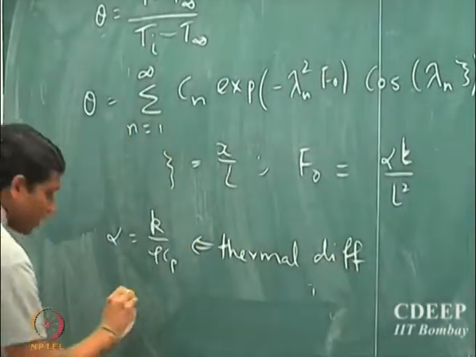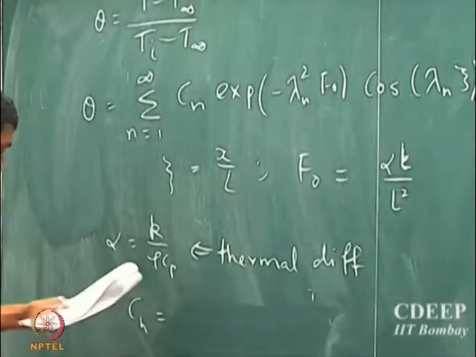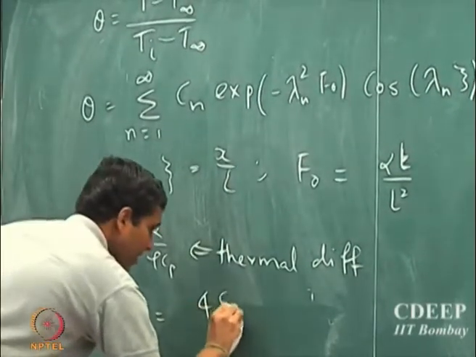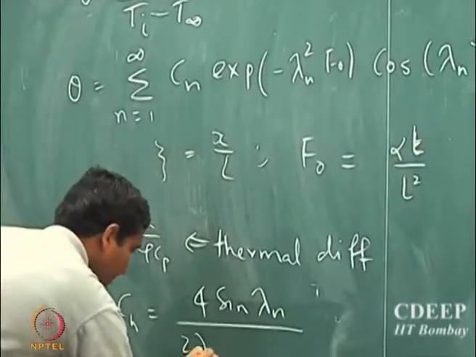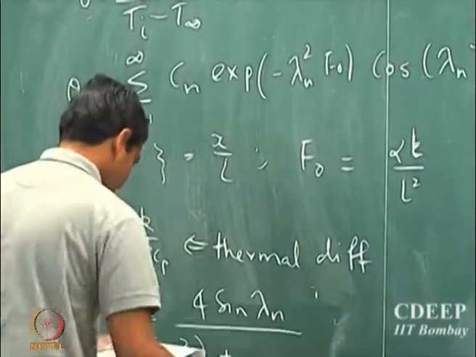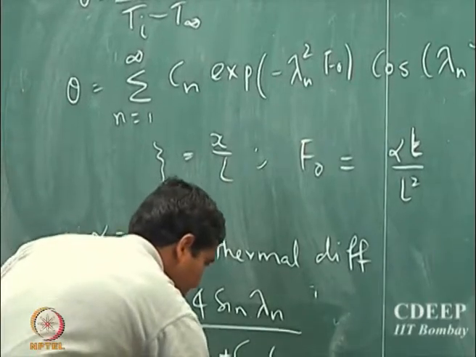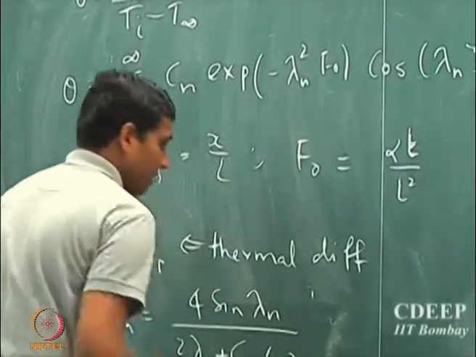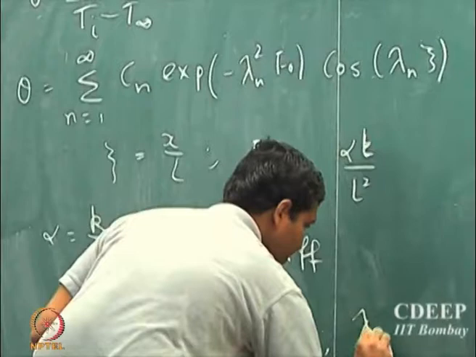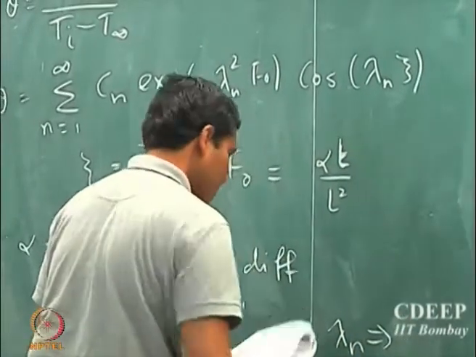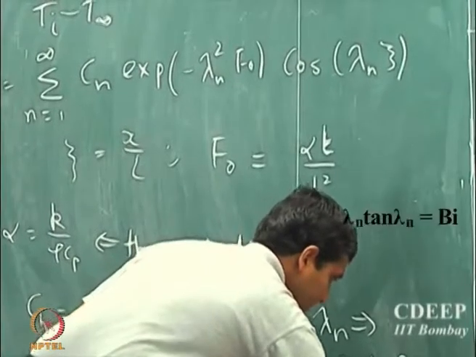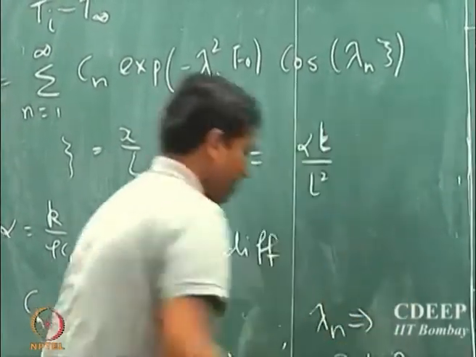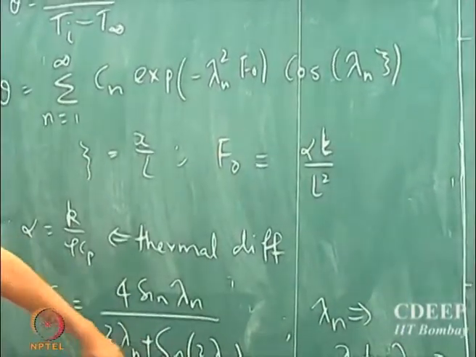And Cn is given by 4 sine lambda n divided by 2 lambda n plus sine 2 lambda n, and lambda n is the solution of this equation, lambda n tan lambda n equal to Bi number. So lambda n are the roots of this equation.